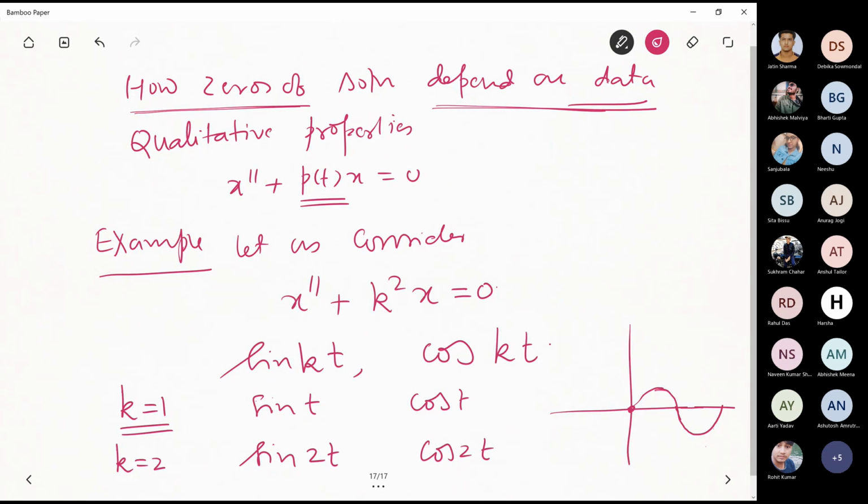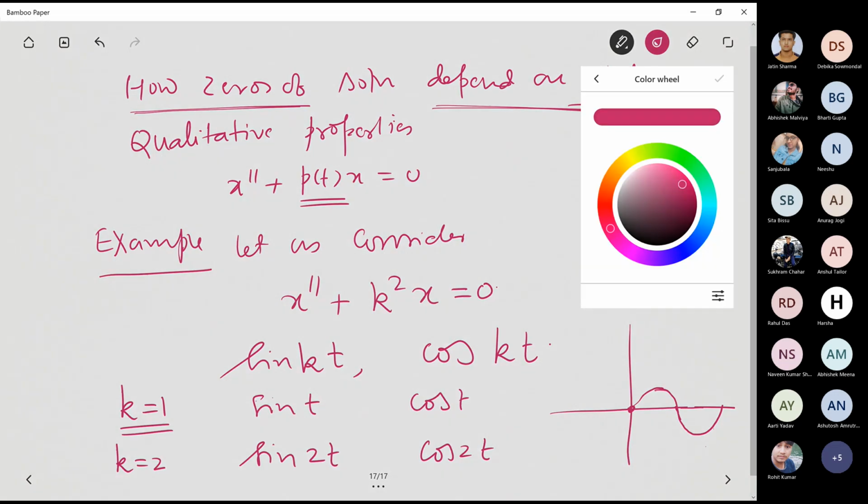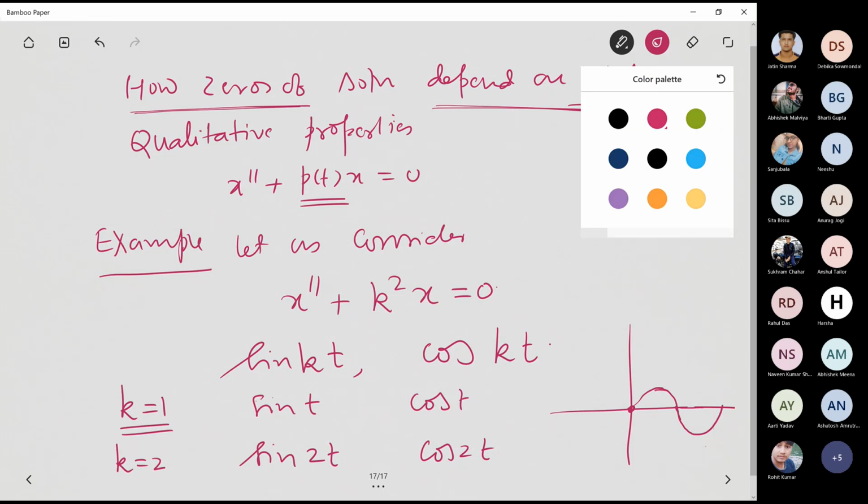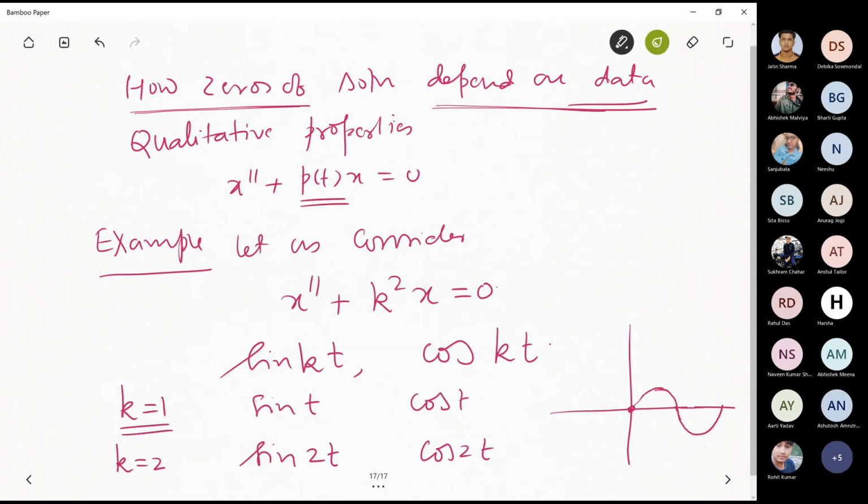Then how does sin 2t look like? At t equals 0, it is again going to be 0. But at pi by 4, it is going to be 1. And at pi by 2, it will be 0.